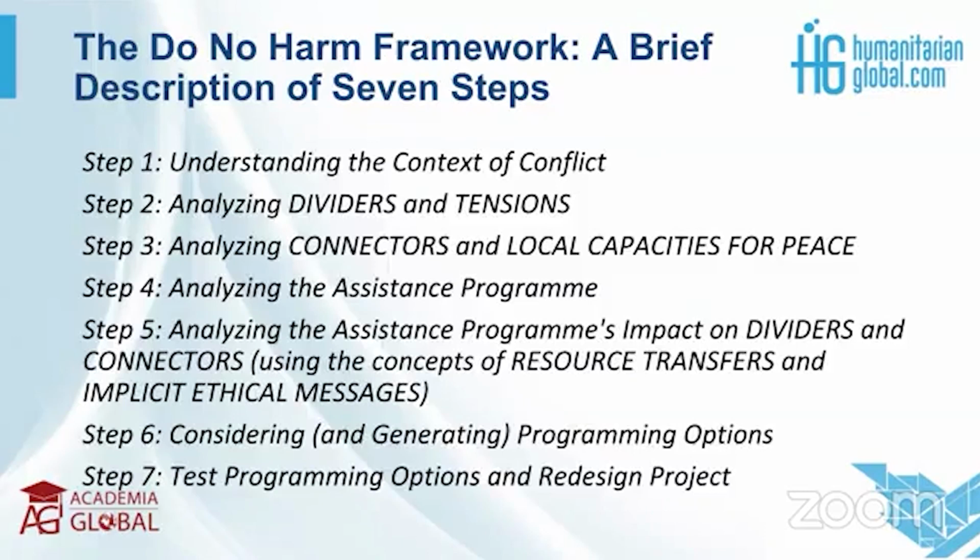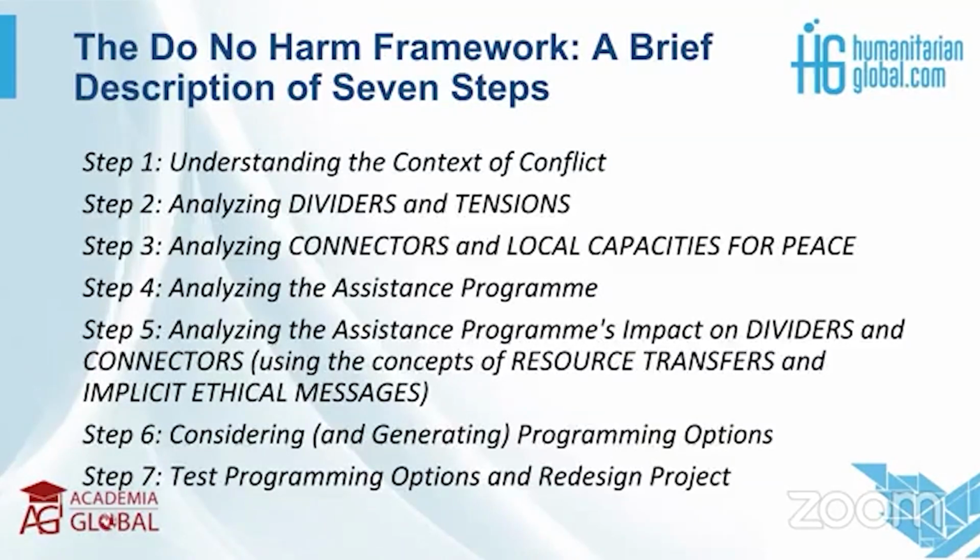If you have analyzed the context of the conflict, the dividers, the connectors, and your intervention or assistance program, then we must think about how to provide the same program in a way that eliminates its negative conflict-worsening impacts. How do we provide the same intervention without increasing conflict or worsening the situation?